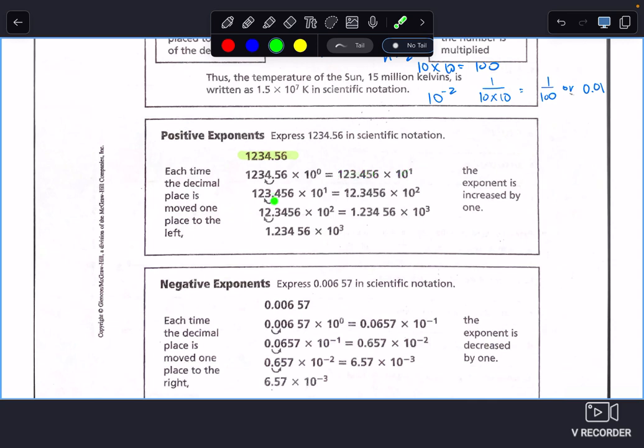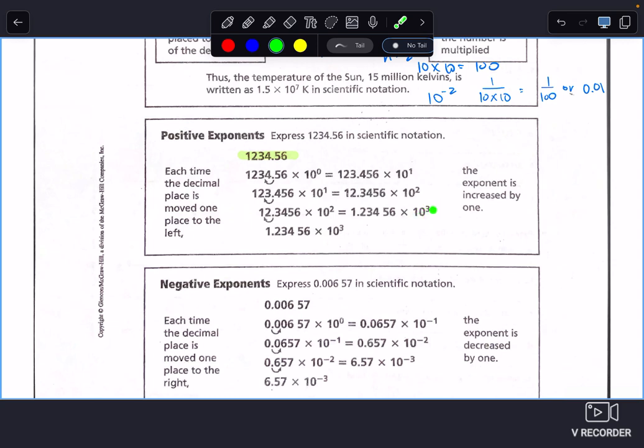If we're going to move it one more to the left, then we need to multiply it times another factor of 10, so it's now 10 to the second. If we move it one more time to the left, then we need to multiply it times another factor of 10, so all of those 10s together, 3 10s, is 10 to the third.